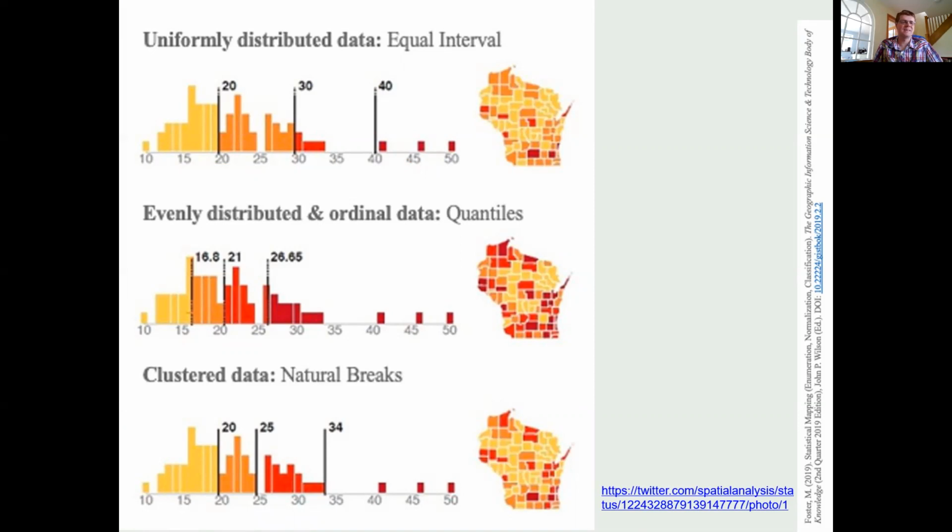It's based on the k-means clustering algorithm, but what it tries to do is to group similar data together. So if you've got some kind of natural clusters in the data, it should be able to pick those out. As a starting point, I'd recommend natural breaks. It's sometimes referred to as Jenks or Fisher, and Jenks and Fisher were the 2 academics who came up with the process in the first place.